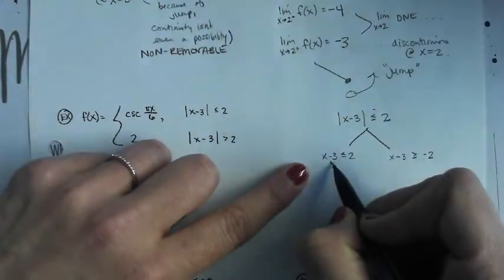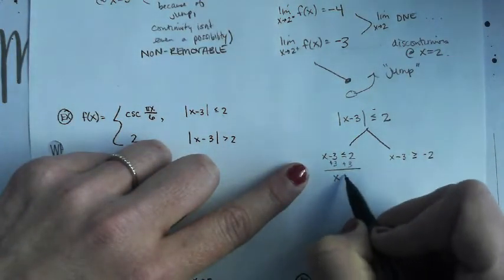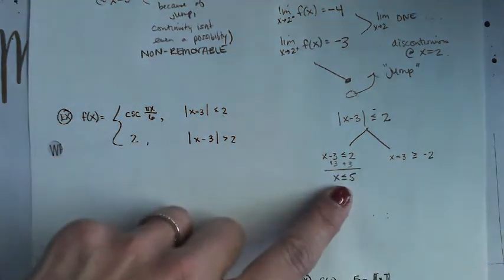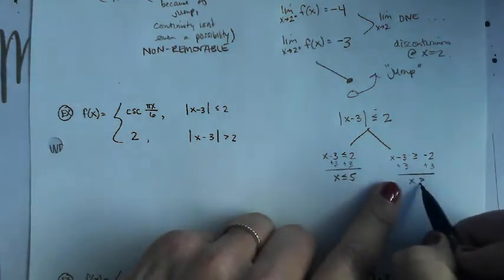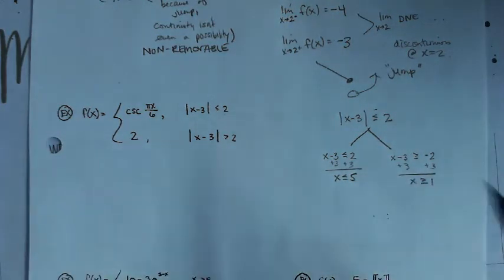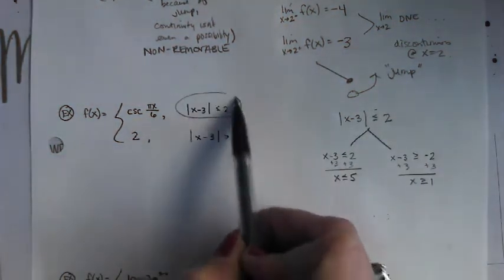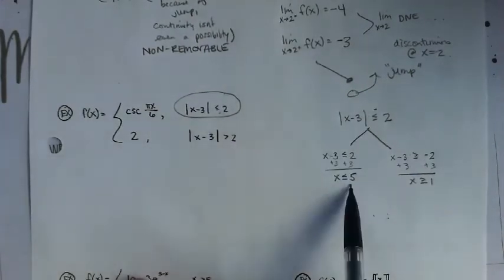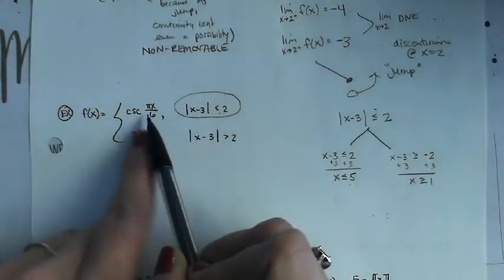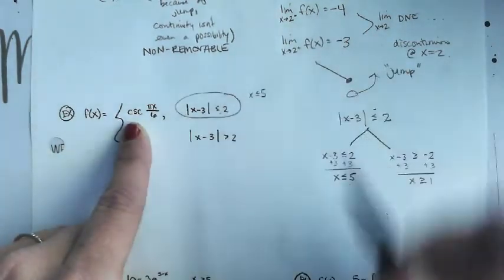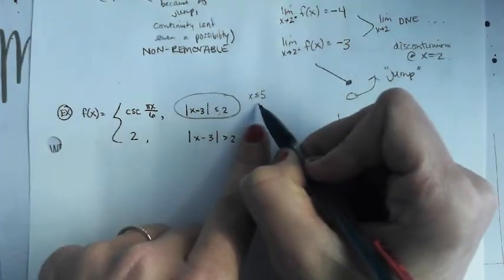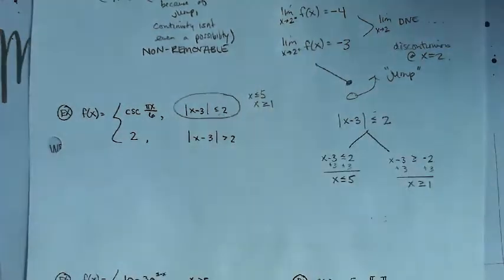So when I solve this, add 3 to both sides, x is less than or equal to 5. And when I add 3 to this side, x is greater than or equal to 1. So this statement is the same as saying we'll follow this first function when x is less than or equal to 5, and again when x is greater than or equal to 1.